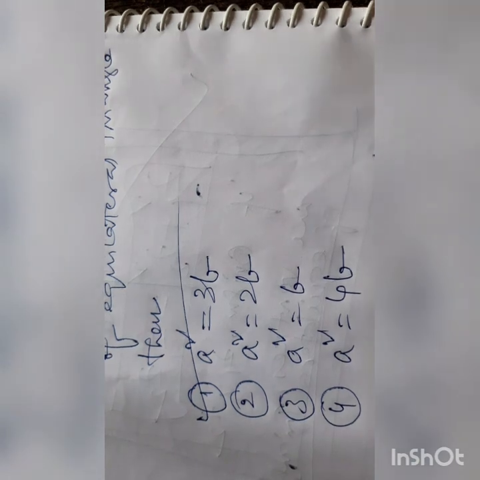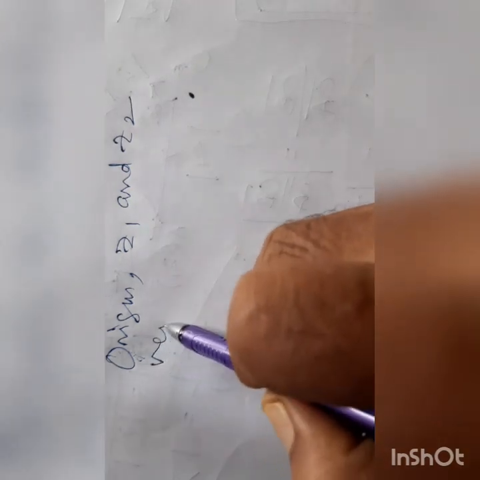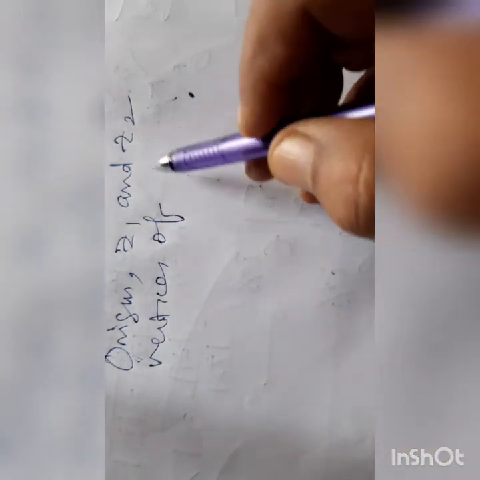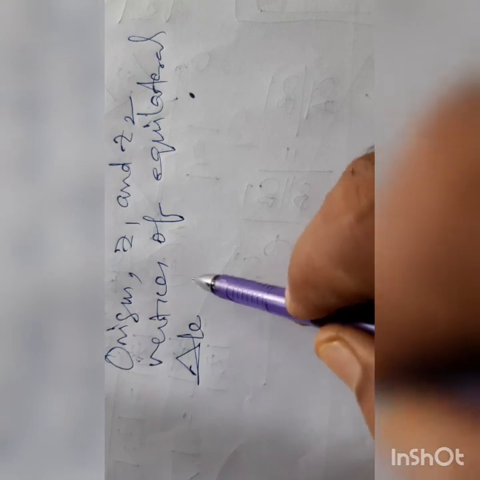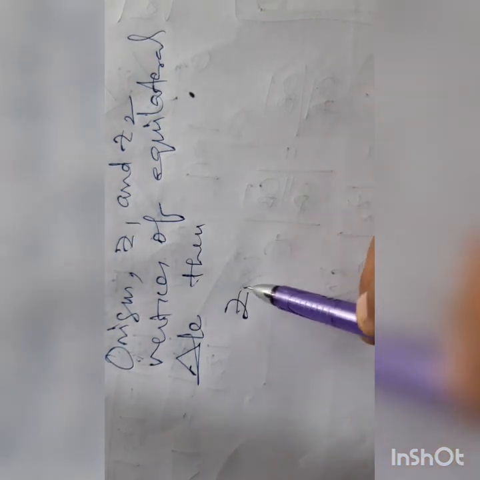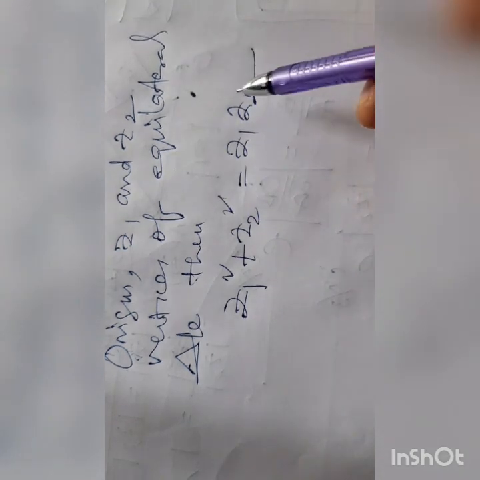A square equals 3B is the right answer. How to get it? Just before this question I told you, if origin, Z1 and Z2 are vertices of an equilateral triangle, then Z1 square plus Z2 square equals Z1 Z2.